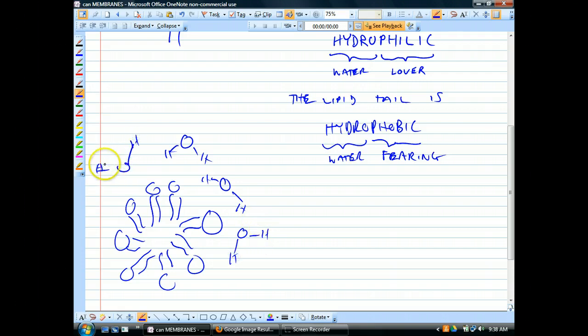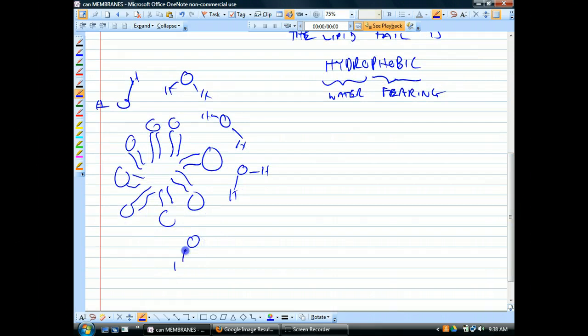The tails are afraid of the water. What's really going on here, it's not that they're actually afraid. They're not people. Water has such a strong attraction to itself, because it's polar, that it excludes things that it's not attracted to.